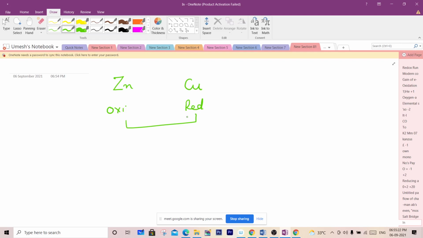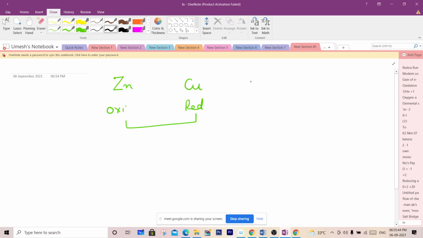Can you tell me why zinc has undergone oxidation? Why not copper? My question, why not reverse? Why does not copper lose electrons and zinc gain electrons?